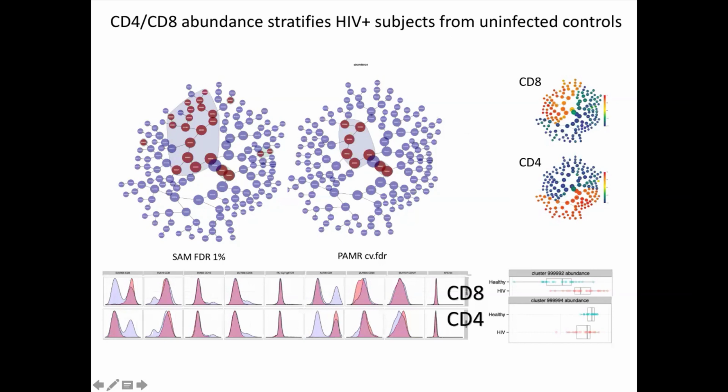And just an anecdote, you can see that I have the SAM and the PAM models here, and SAM actually finds more clusters to be significant. And that goes back to my discussion about why we prefer PAM for more stringent results. I would say SAM is definitely putting in things that we would not necessarily follow up as significant by other methods.